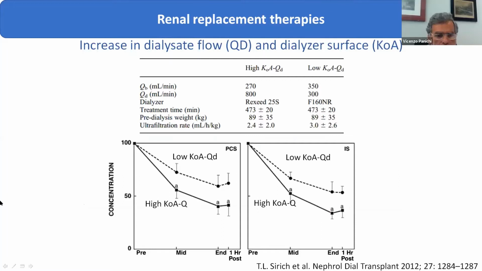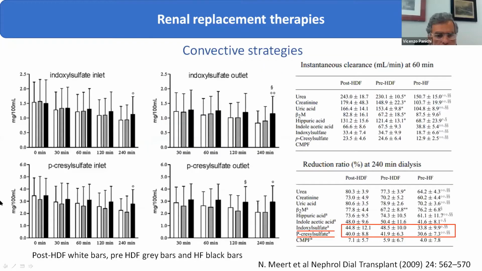We have tried to measure indoxyl sulfate and p-cresyl sulfate levels after 6 months in patients treated with high-volume hemodiafiltration, over 23 liters per session. As you can see, after 6 months, we observed a reduction in indoxyl sulfate level in these patients.